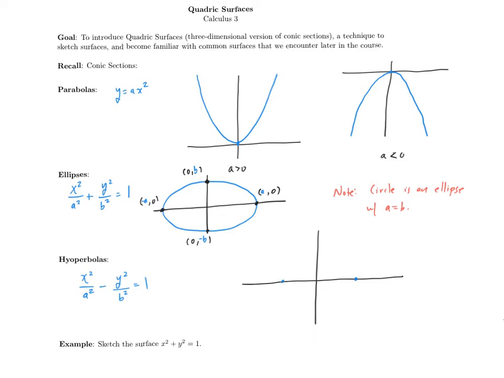So that tells us that this is going to be these two parabolic shapes opening away from each other along the x-axis. And this would be a, 0 and minus a, 0. And this is just a very generic big picture overview of these common conic sections.